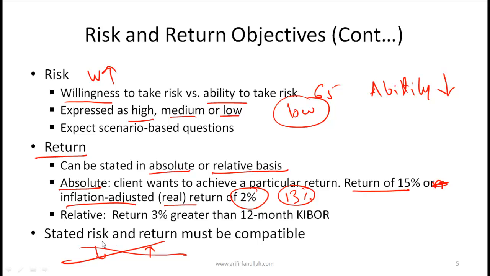And from an investment advisor perspective, this is a critical element where many clients might not be familiar with this trade-off between risk and return, and hence it's the job of the investment advisor to make sure that clients understand this trade-off and objectives of risk and return are balanced and compatible.